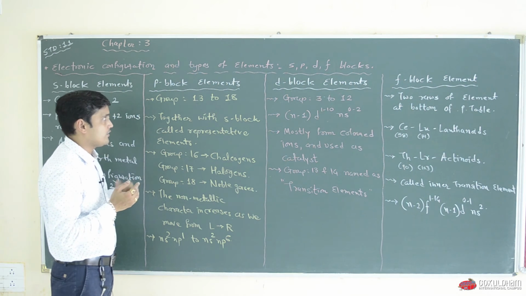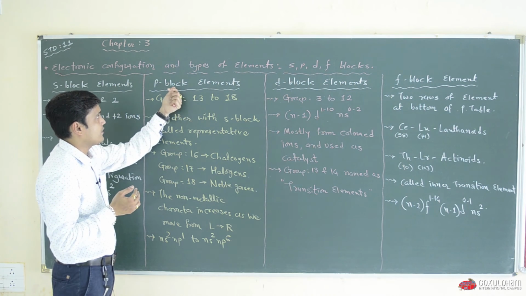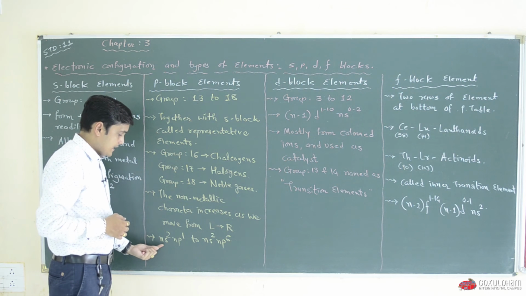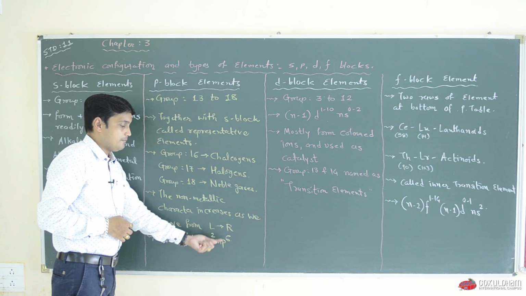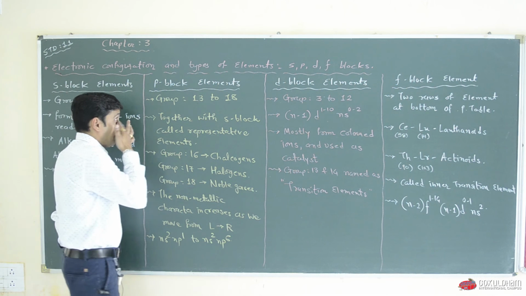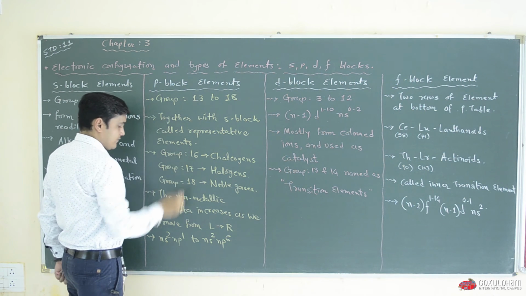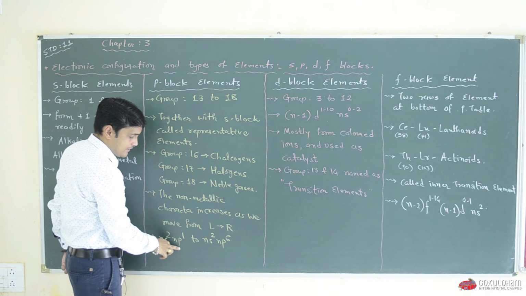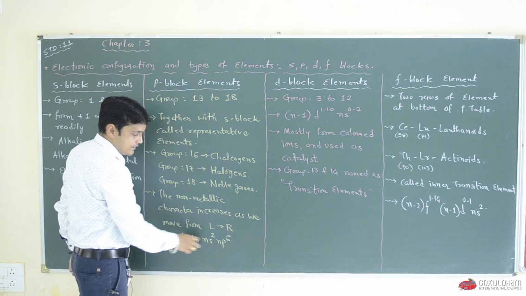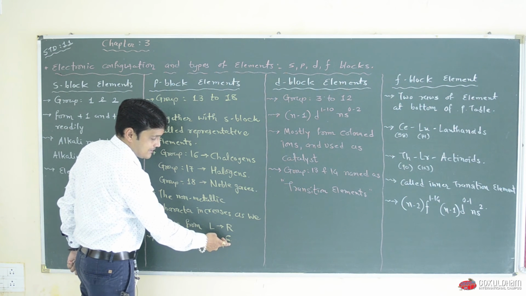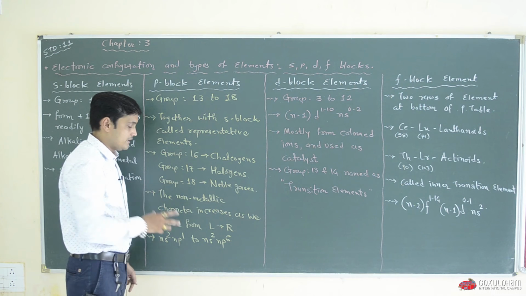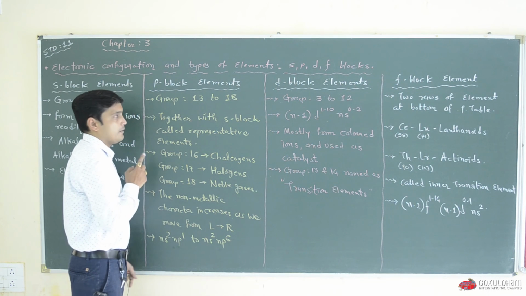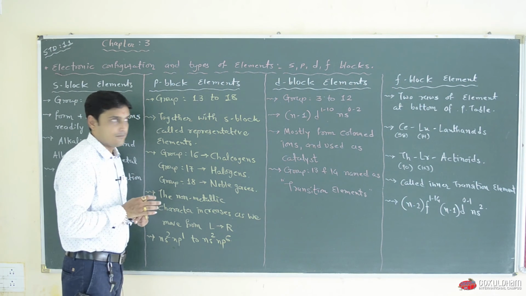The common electronic configuration of p block elements is ns2 np1 to ns2 np6, meaning the first electron enters the p orbital, and the sixth one, our last electron, also enters the p orbitals. So these elements are known as p block elements.